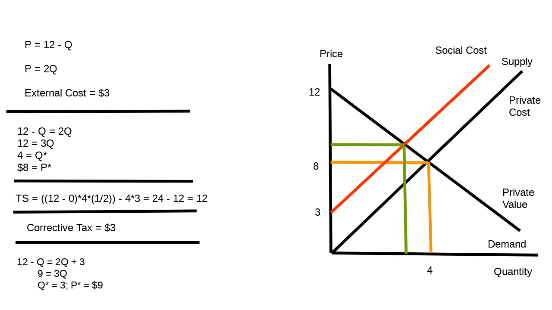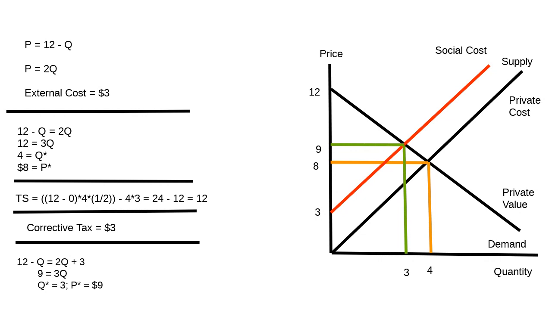This is the socially optimal price and quantity. So there's the price. There's the quantity.